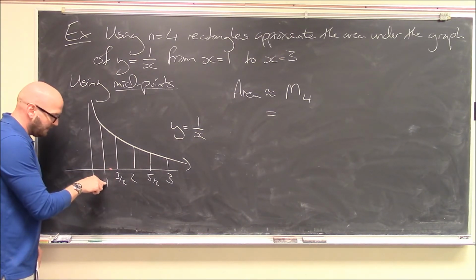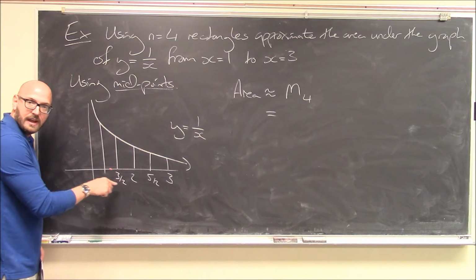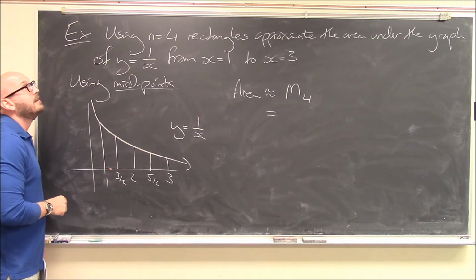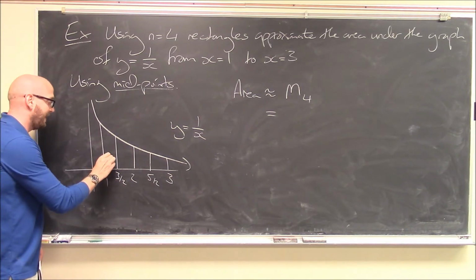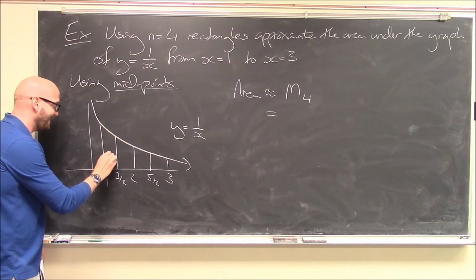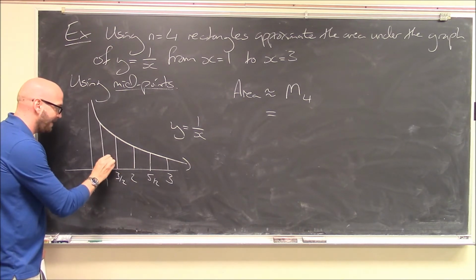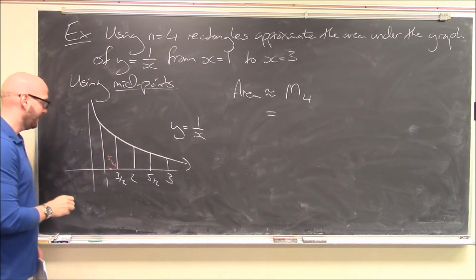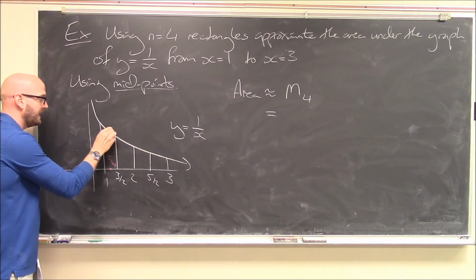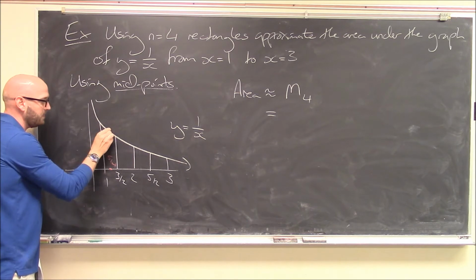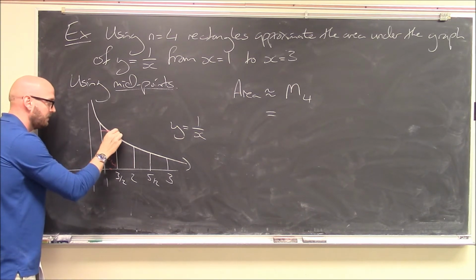By the way, what's right in the middle of 1 and 3 halves? It's 1.25. Maybe decimals are easy to think about in this case. This is 5/4. So we'll look at the function value right there and take a rectangle of that height.